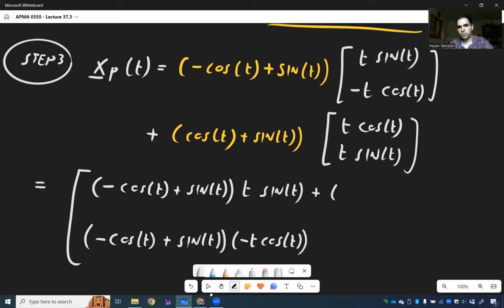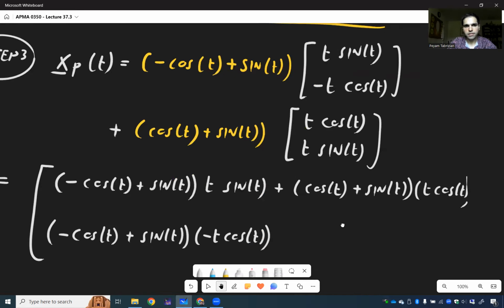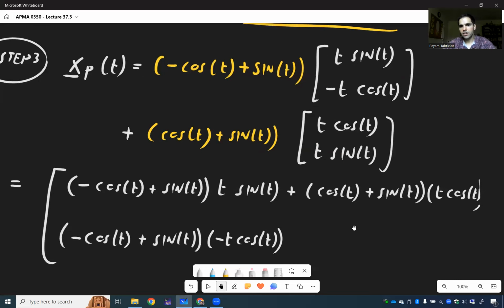Now the second term, plus cosine t plus sine t times t cosine t, and same thing with sine.